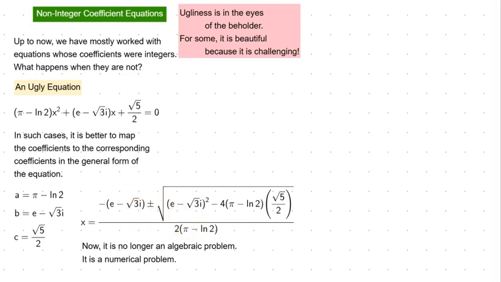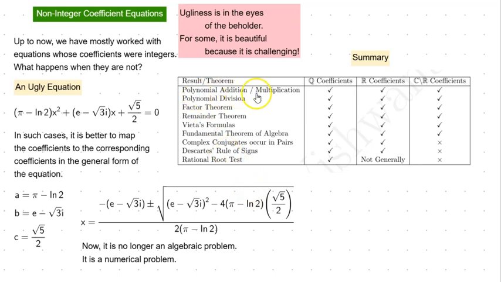So to summarize, one thing we have to remember, we have looked at a lot of theorems and results. So what happens when we use different types of coefficients? So let's summarize.